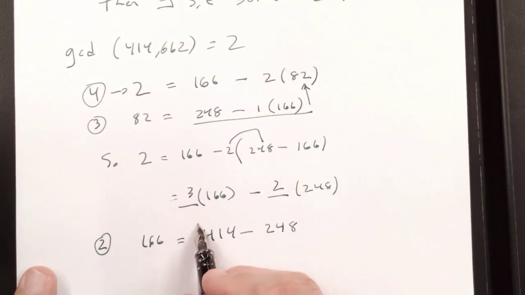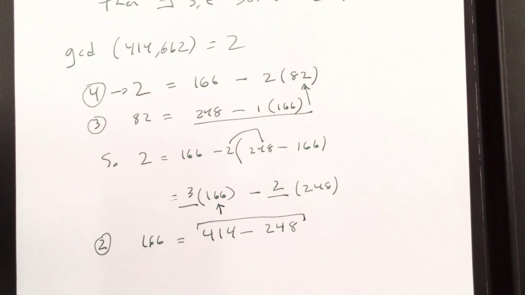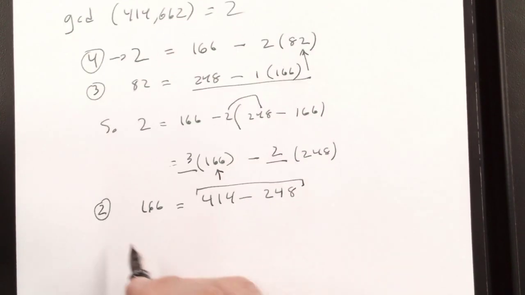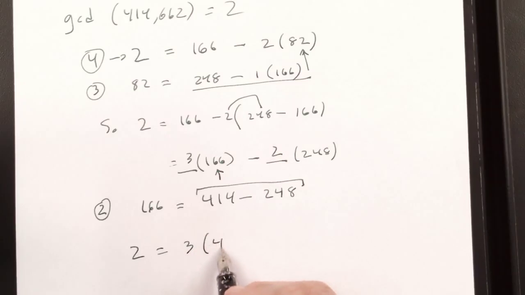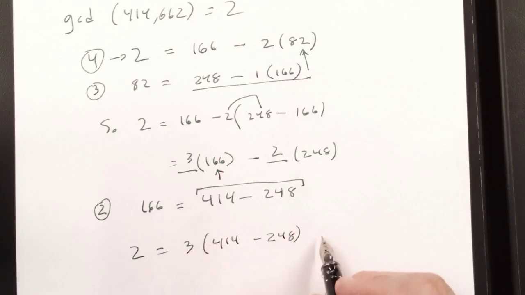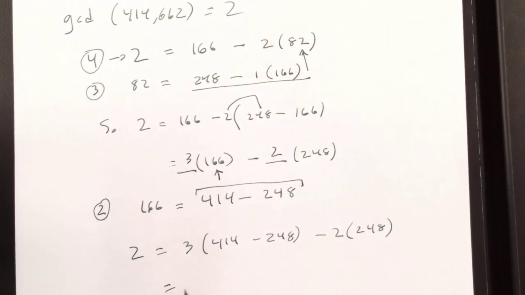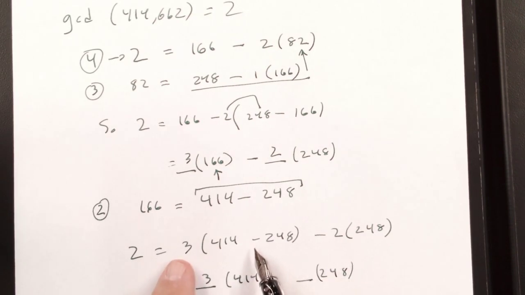I'm going to put this expression in there and regroup. How many 414s? How many 248s? Whoa, be careful. That's a minus 3 minus another 2. That's minus 5 of them. Sign errors are going to be the death of me in this process.